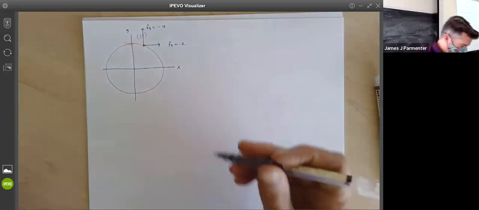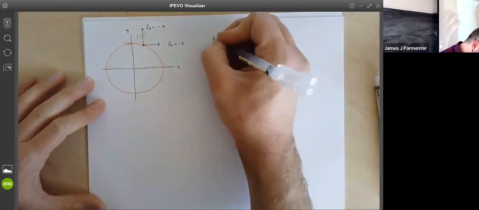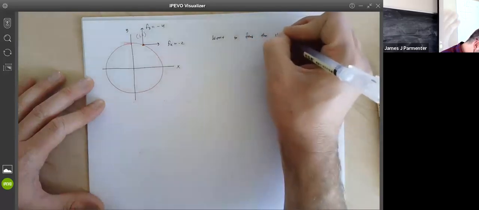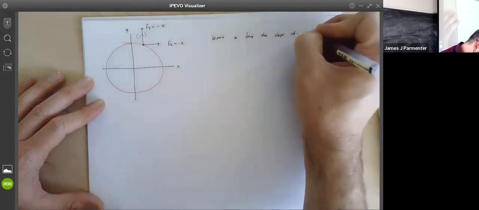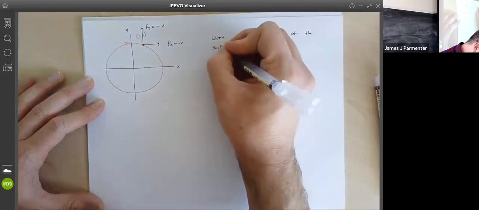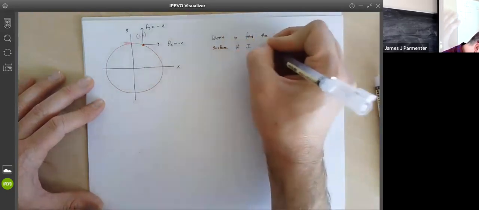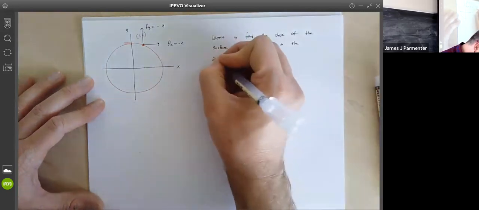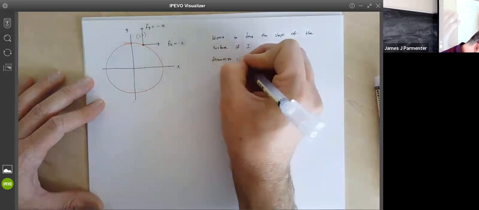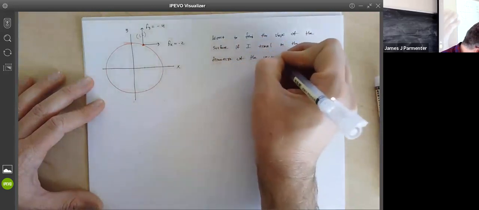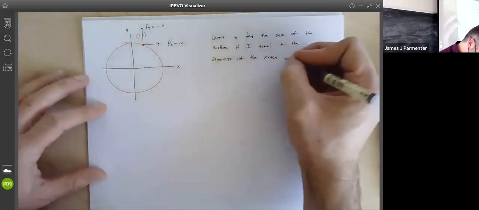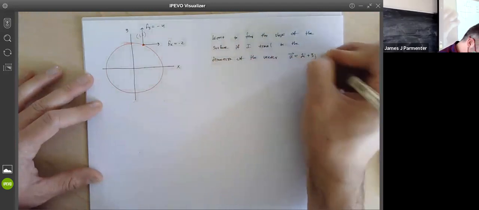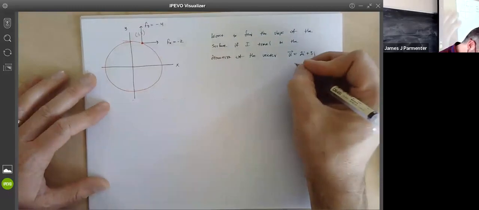But what if I want to find the slope of the surface if I travel in the direction of the vector u equal to 2i plus 3j, or 2, 3 if you prefer.